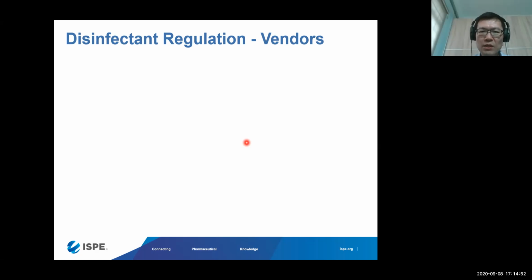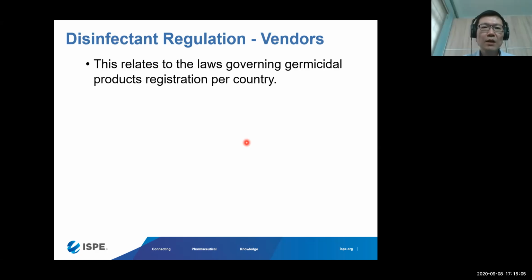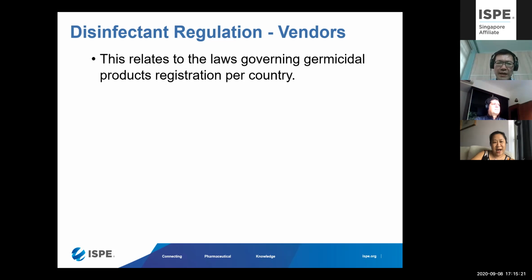It will be good if the end users can understand what the test methods and efficacy studies performed by the vendors to support the label claims are. Basically, this relates to the laws governing germicidal products registration per country. Typically, each country has its own laws governing germicidal products.